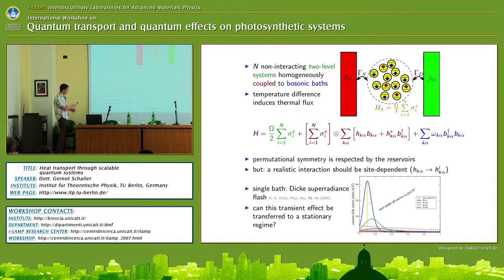Here the size of the peak goes up quadratically, and to make the area the same, the width has to become very sharp. That means hard to measure. Also, in this little example, the maximum is moving to the left, so it's a very short time effect. And there you should probably worry about the validity of Markovian approximations or Markovian descriptions. So the main question is, can one transfer this to a stationary regime?